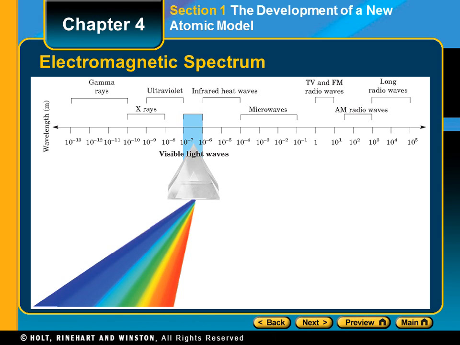Obviously it has wave-like properties. If we're able to measure wavelength and then take visible light and put it on the spectrum, you can see where it falls in comparison to the wavelength of gamma rays or X-rays or ultraviolet, or infrared heat waves and microwaves, TV and FM radio waves, AM radio waves. And you can see where everything falls again in terms of their wavelength.